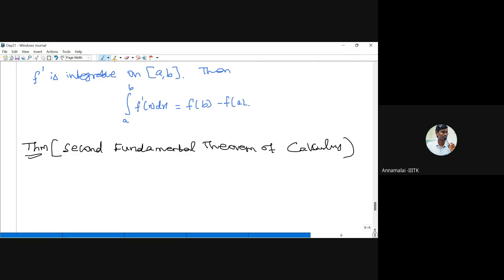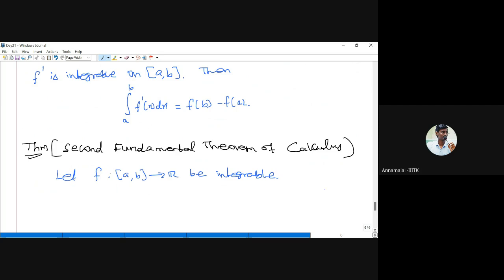What is the statement again? Suppose f, a function from the closed interval a comma b to R, is Riemann integrable.